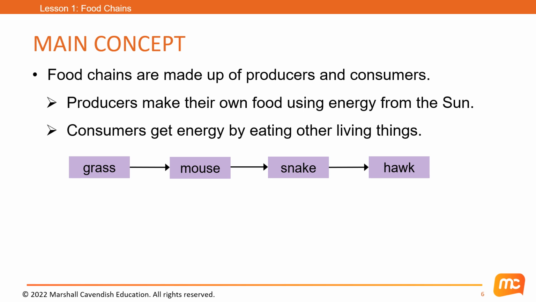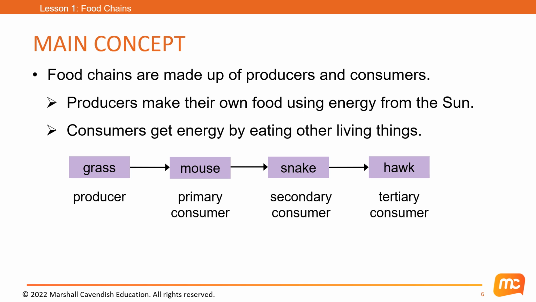If we see the following food chain, the grass is eaten by the mouse, the mouse is eaten by the snake, and the snake is eaten by the hawk. Now we can say that the grass is the producer, the mouse is the primary consumer, the snake is the secondary consumer, and the hawk is the tertiary consumer.